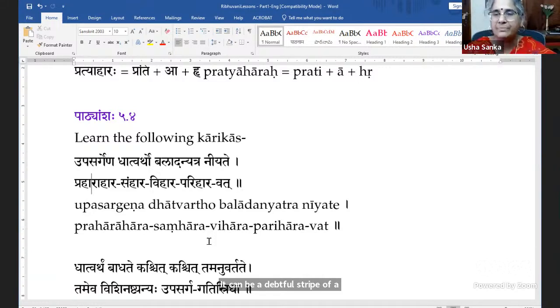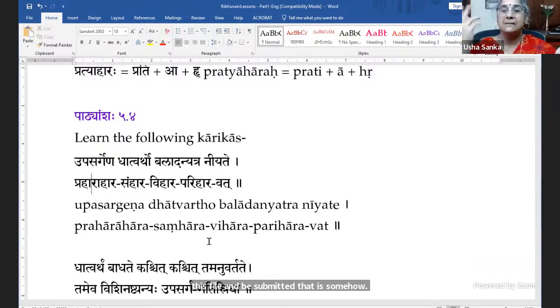Samhara, filling up somebody or finishing off a task. Both meanings are there. Samhara is, we say, finishing a task, wrapping up. Like we say, this file is closed for now. We close this file and we submit it. That is Samhara. Or killing somebody, like Rama killed Ravana. So Ravanam Samharati. So he is killing Ravana.